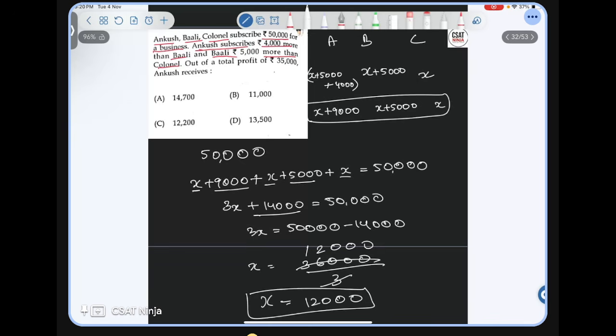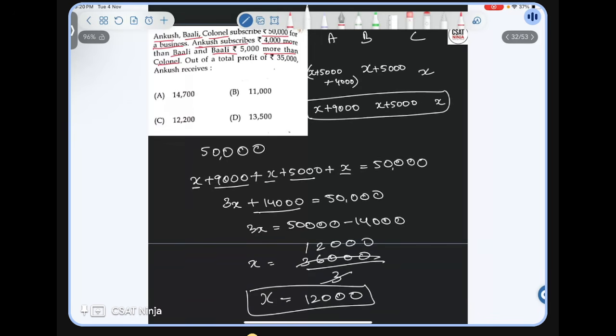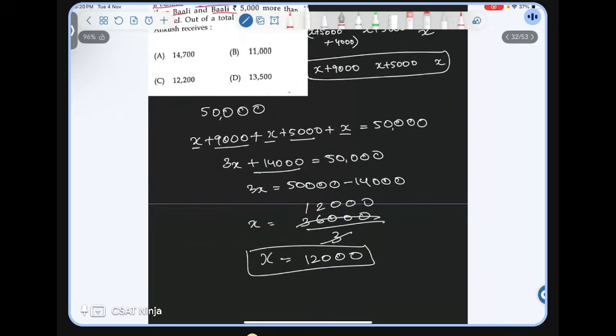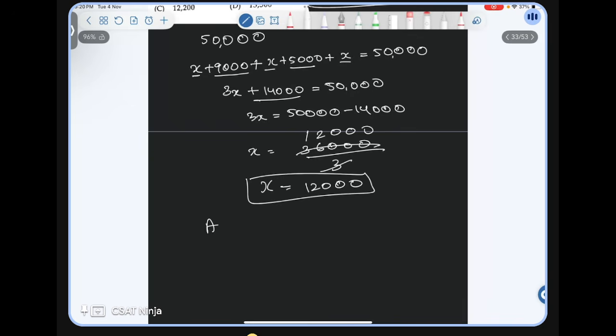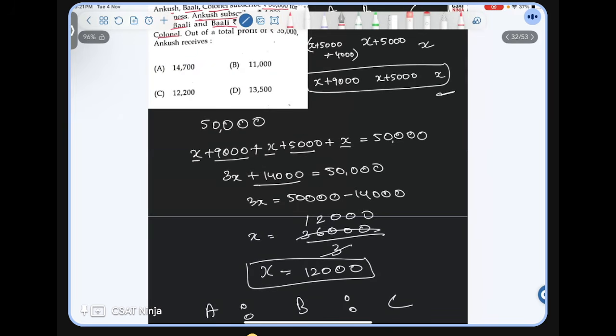What is asked? We need to find their investment ratio. So let me find A is to B is to C. C invested 12,000. Why? Because C invested X, right?